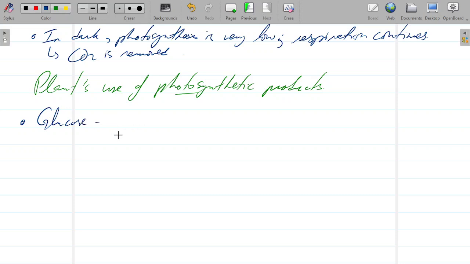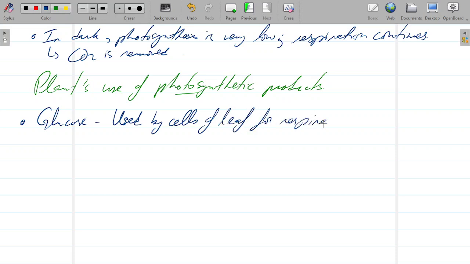It is used by the cells of the leaf itself for respiration. Then you've got starch. In fact, before starch, let's talk about sucrose.